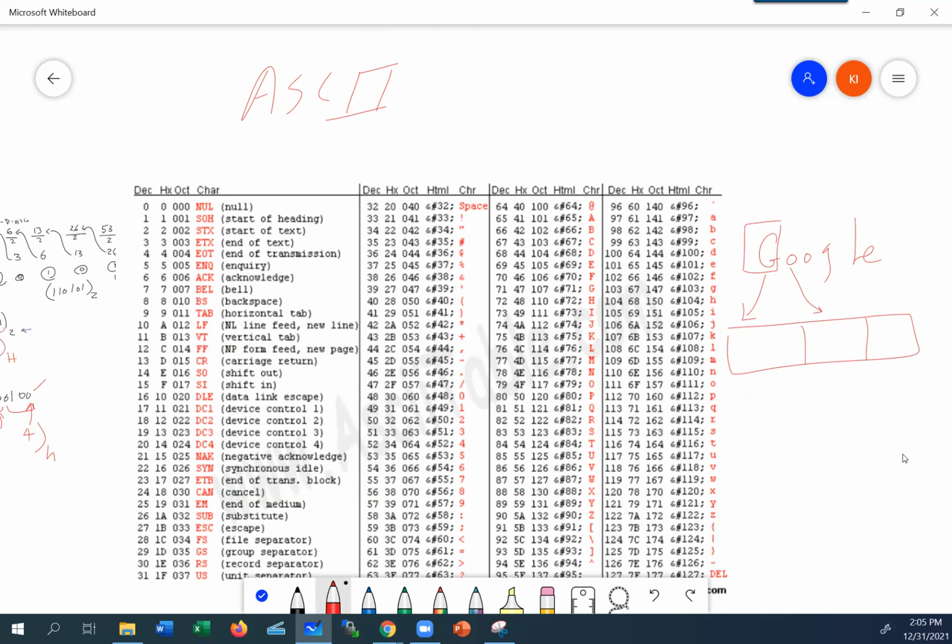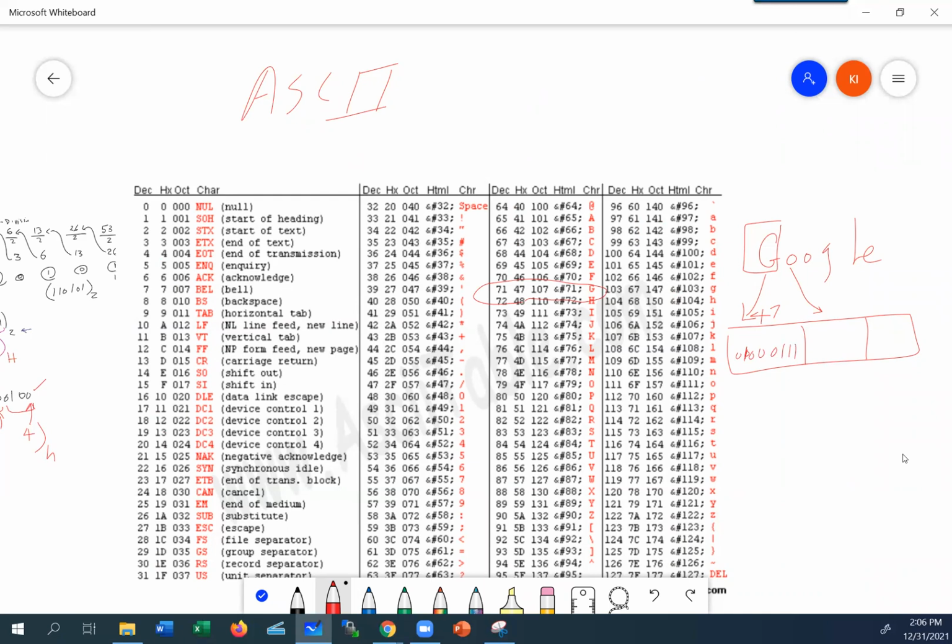In the memory, the way the computer knows what a G is, it goes to this table and looks at G. Here is G. So it's going to be hex 47. So G is a 47, which means in the memory, it's storing 0, 1, 0, 0 for the 4 and 0, 1, 1, 1 for the 7.